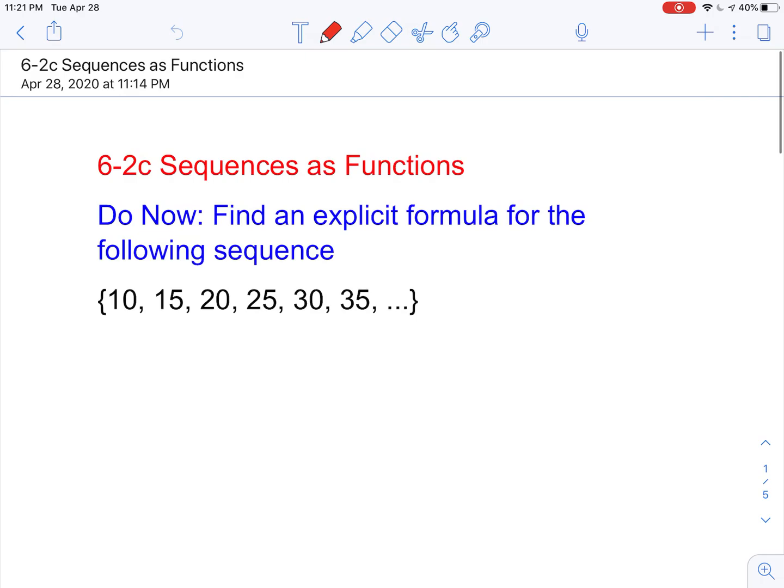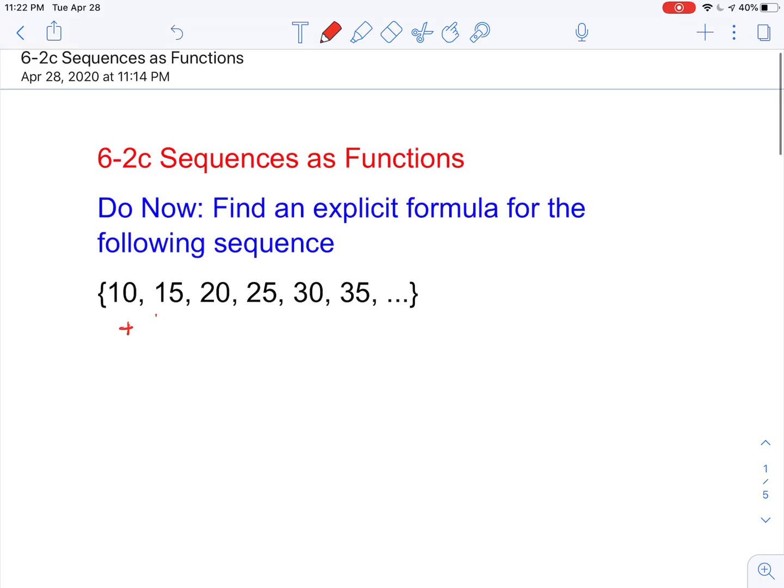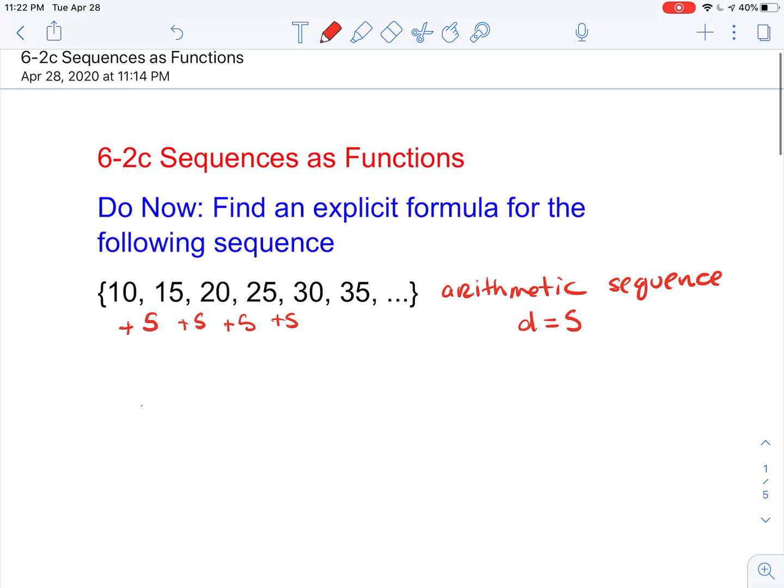So hopefully you can recognize that these are going up by adding 5, right? 10 plus 5, 15 plus 5, 20 plus 5, etc. So this is going to be an arithmetic sequence with a common difference of 5.